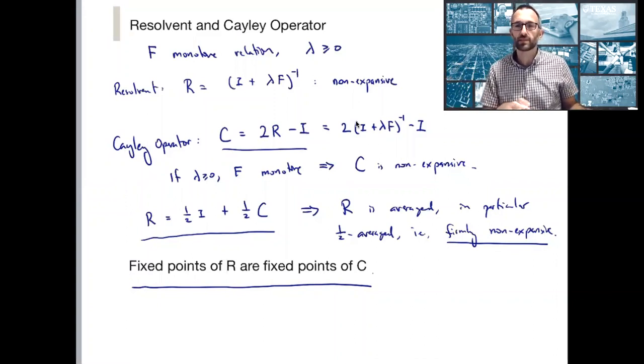And so right away this tells us that the Cayley operator is another operator whose fixed points are, if f is given by the subdifferential of a convex function f, going to be the optimal solutions to the problem of minimizing f of x.